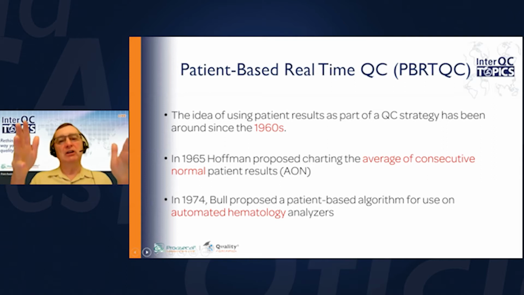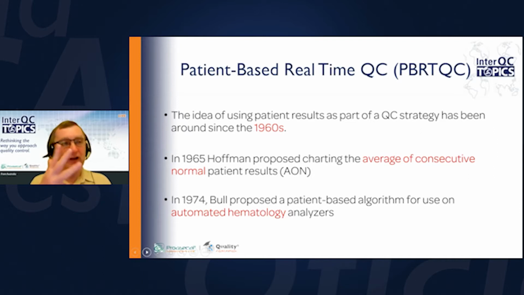So it averaged the last 30 results of patients, and it took more notice of the most recent result compared with the oldest result. So it weighted them. Bull's algorithm, as it's now called, soon became very popular, and it's now on nearly every analyzer. So the hematologists adopted this idea very early on.